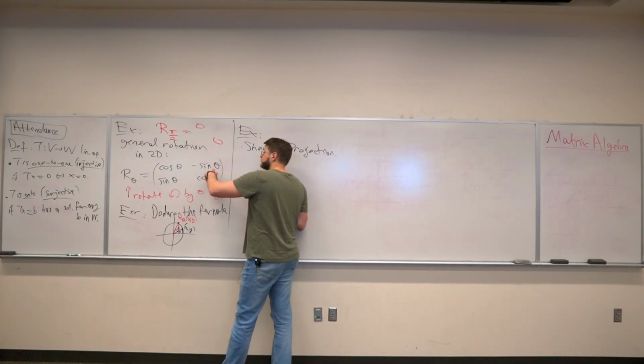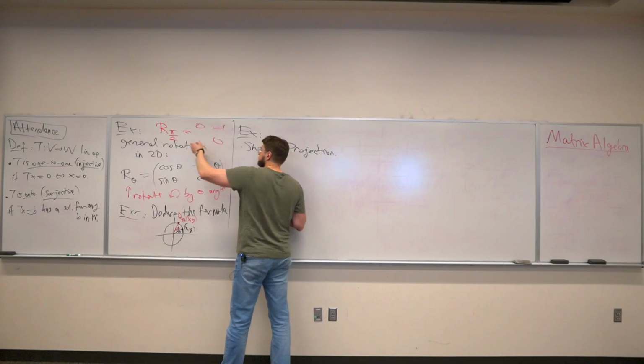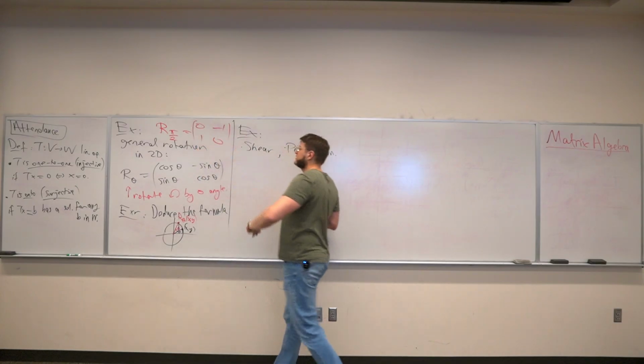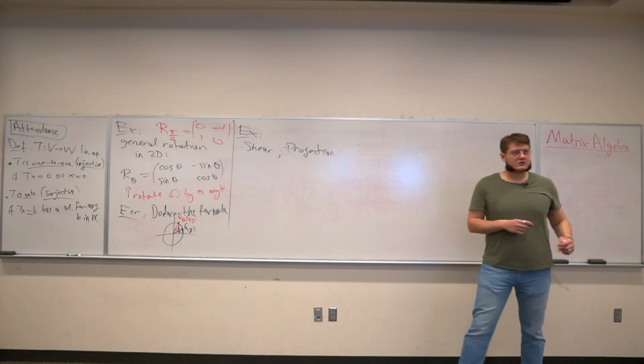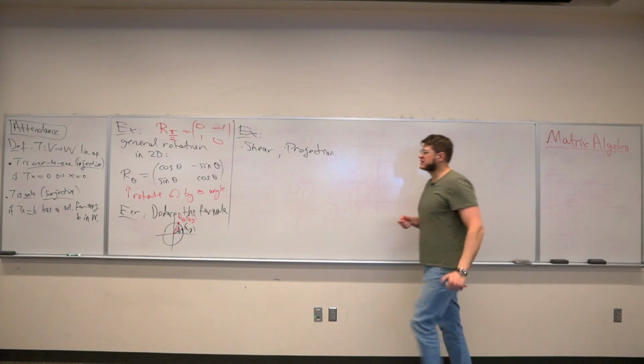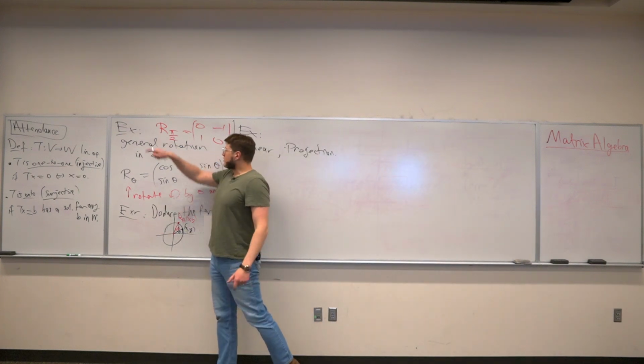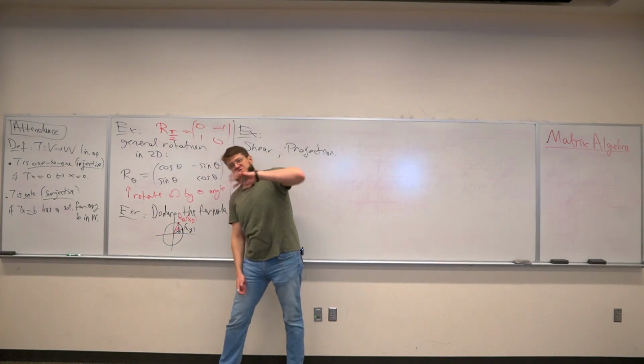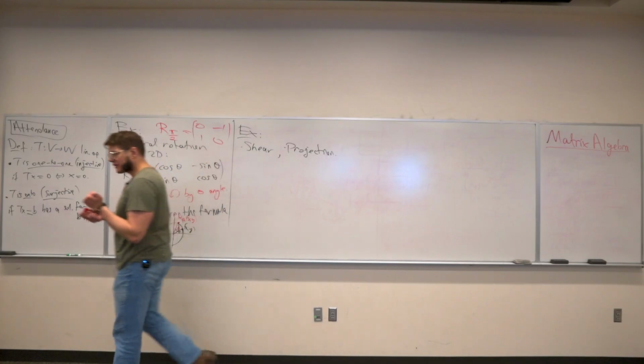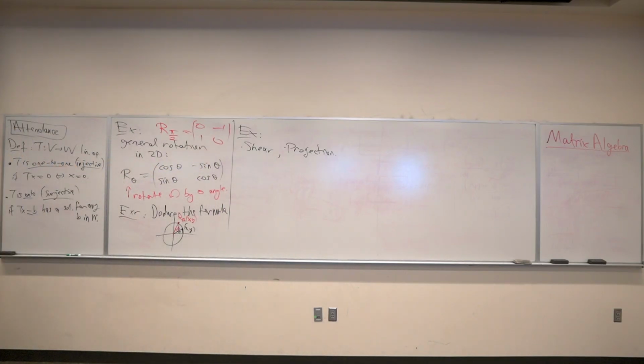Sine of pi over 2 is 1, that's minus 1, that's 1. That was the matrix I gave you last time. If I had plugged in theta equals minus pi over 2, it would be rotation in the other direction by pi over 2, by 90 degrees. Any comments or questions about this?